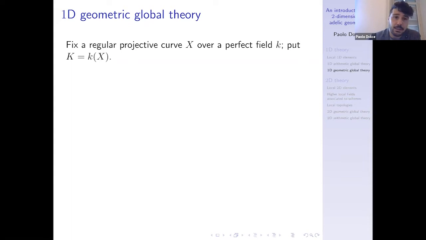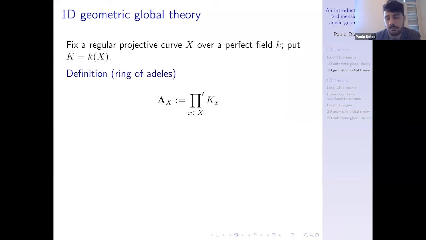So now we fix a regular projective curve over a perfect field K. We have to choose a perfect field K because we want the local elements to be local fields in the sense of my definition.